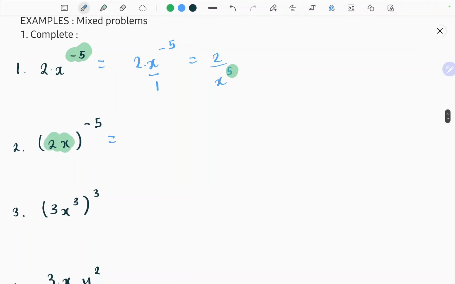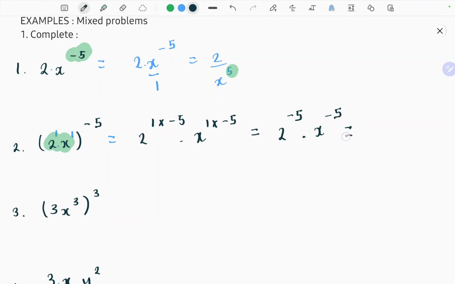So what I normally do is I write the exponents, and then whatever exponent is inside, you just multiply with that on the outside. So this can be written as 2 to the power of 1 multiplied by -5 multiplied by x to the power of 1 times -5. So this is the same as 2 to the power of -5 times x to the power of -5.